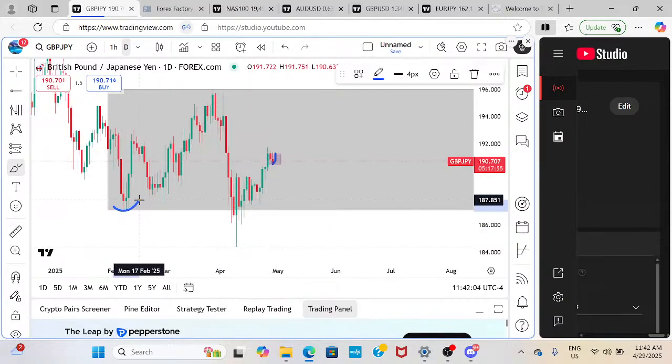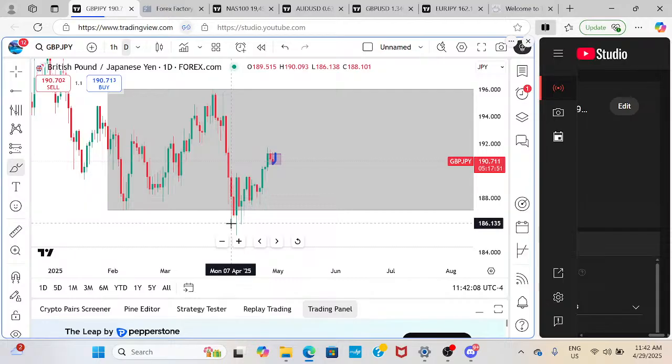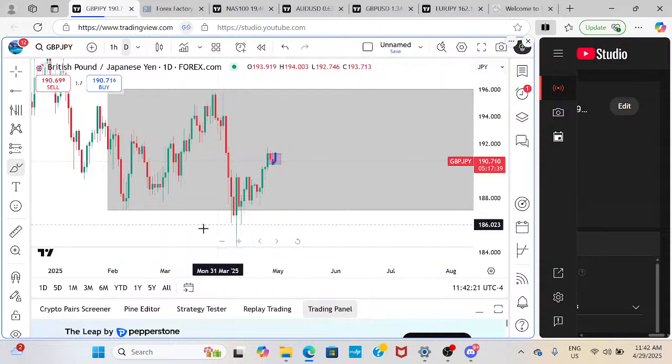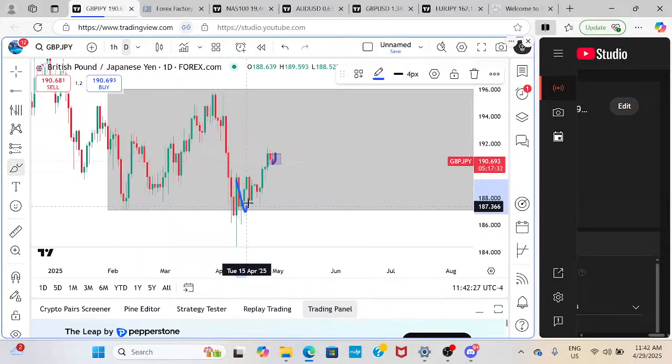It attempted to break this low here, but it was not successful. It broke below it but ended up reclaiming that support. So it was once resistance, but it's no longer resistance. It turns into support. You can see once we broke above it, price returned, used it as support, and now it's going up higher.